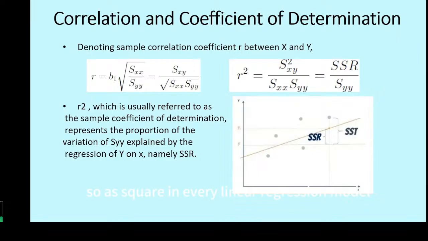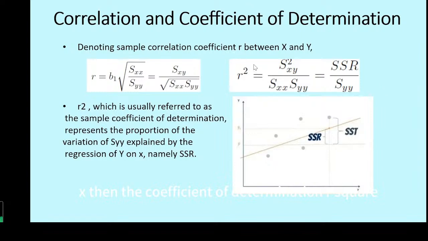So R squared in every linear regression result will have this value. It is between 0 and 1. Say R squared is 0.95, which means the variation of the Y variable SYY can be explained by the model 95%.